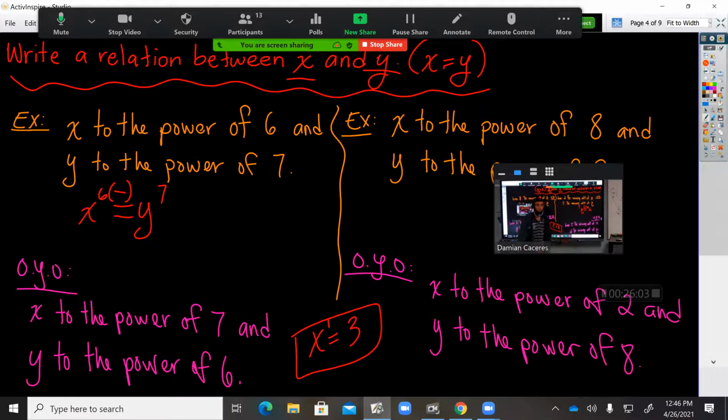By multiplying it by the opposite of 6, 1 over 6. So whatever number that is, multiply it by 1 over that number. And now whatever you do to one side, you have to do to this side too. This is going to give me my answer. X equals, because that cancels, 7 times 1 over 6 is 7 over 6.